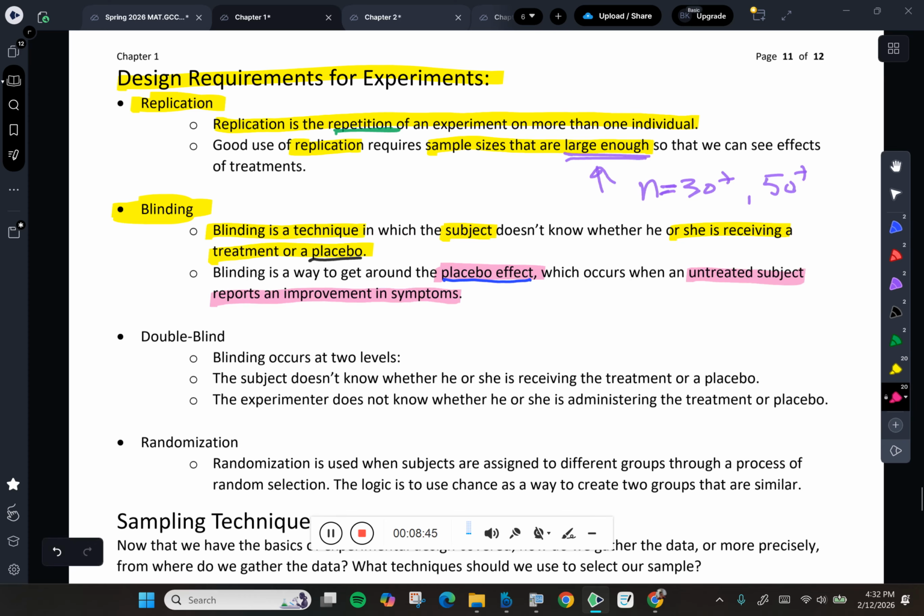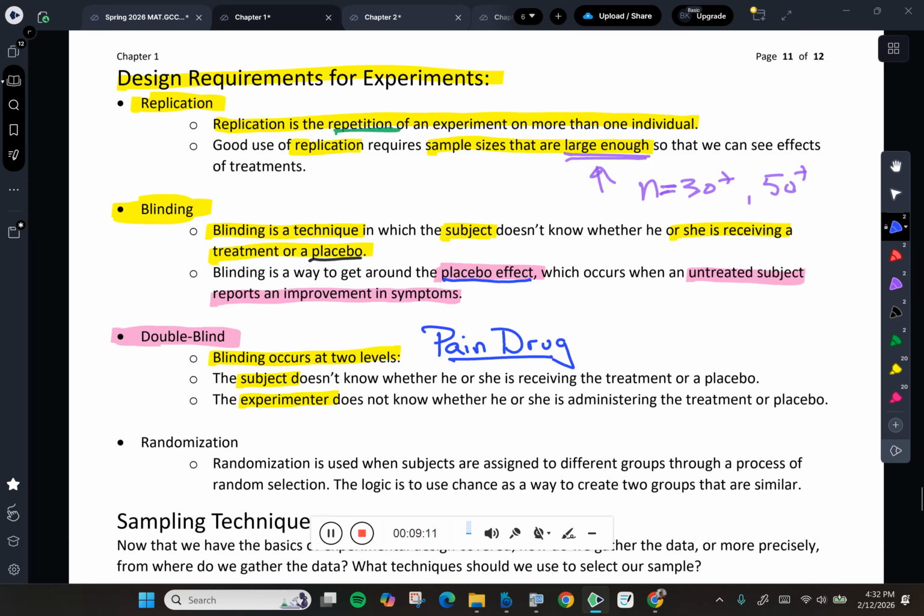Okay? Double blinding is a step more than blinding. Double blinding occurs on two levels. It's where the subject doesn't know and the experimenter doesn't know. Now, there's a reason for this. Let's go back to that one about that new pain drug. Suppose that I'm the experimenter and I develop this drug.